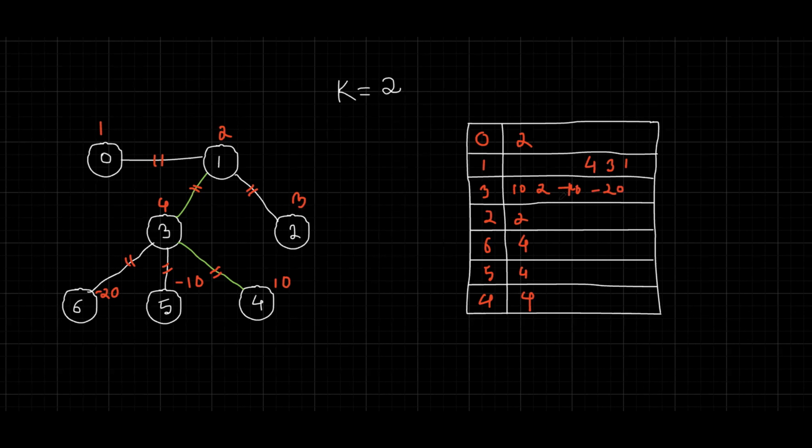So here, basically, why are we reversing the order? Because suppose for this node 3, we can choose two of the edges. So it is optimal to choose the first two edges, which is 10 and 2, instead of the last two edges.